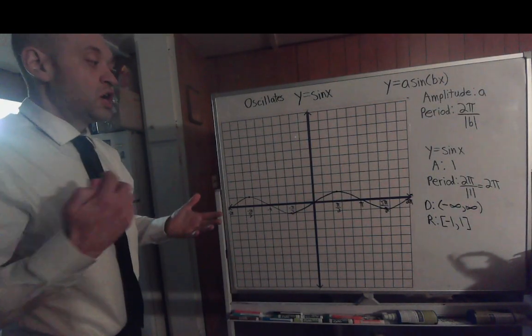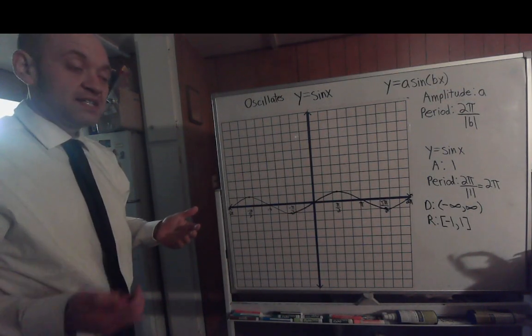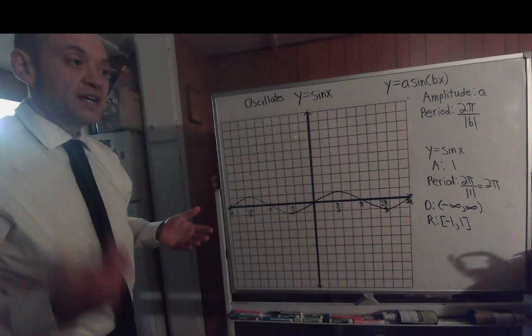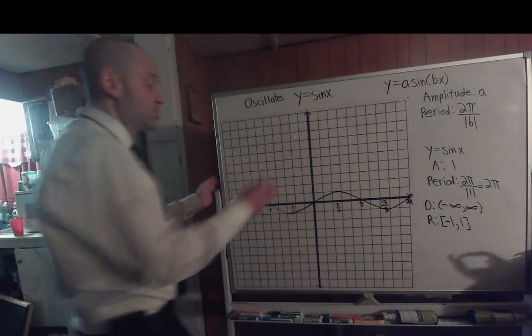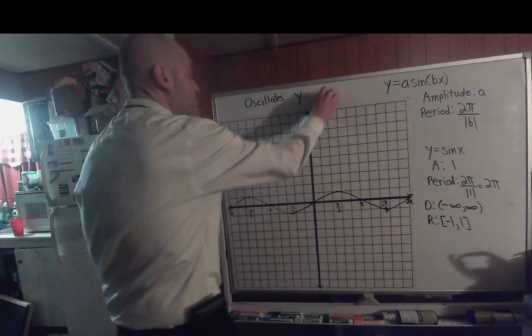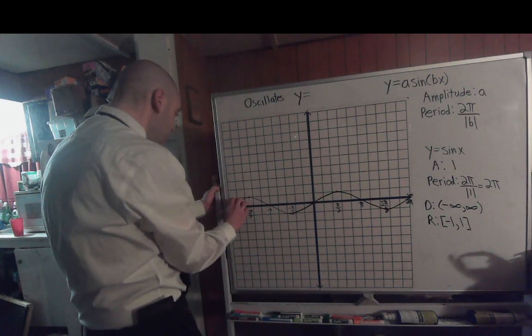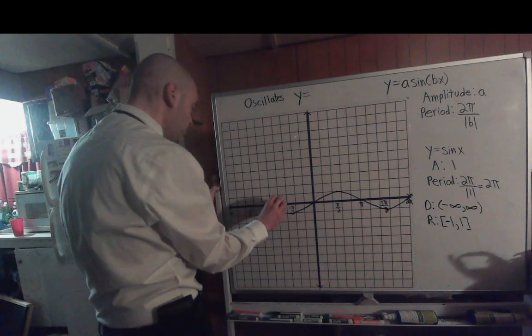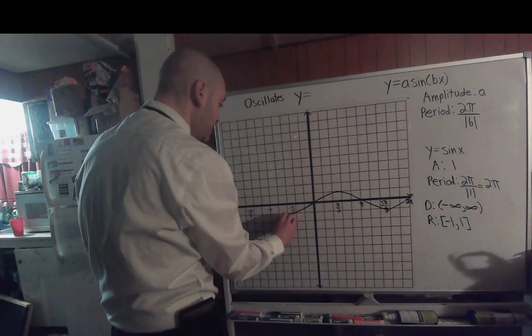So cosine and sine we'll do today. The next lesson we will deal with reflections and translations of the sine and cosine functions. Eventually we'll graph all the other ones, but for this lesson we're just going to graph the sine and cosine the standard way.